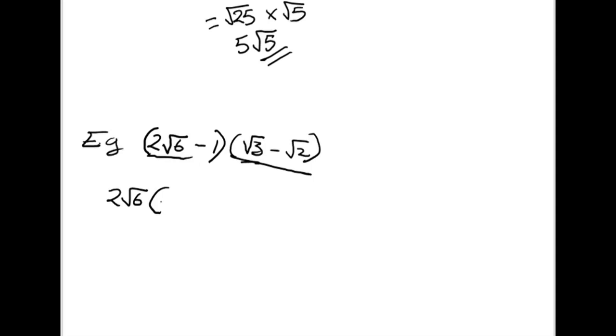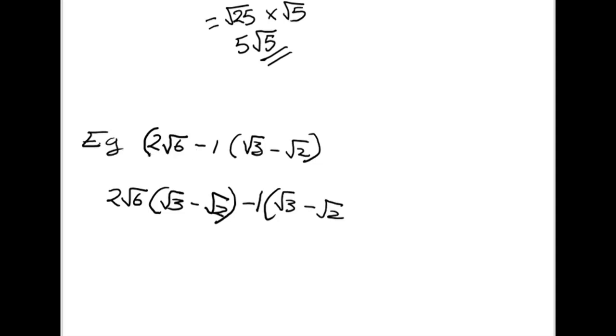This is one easy way we can solve it. Then minus root 2. And then I will use this plus 1 to also multiply this expression. So I have root 3 minus root 2.